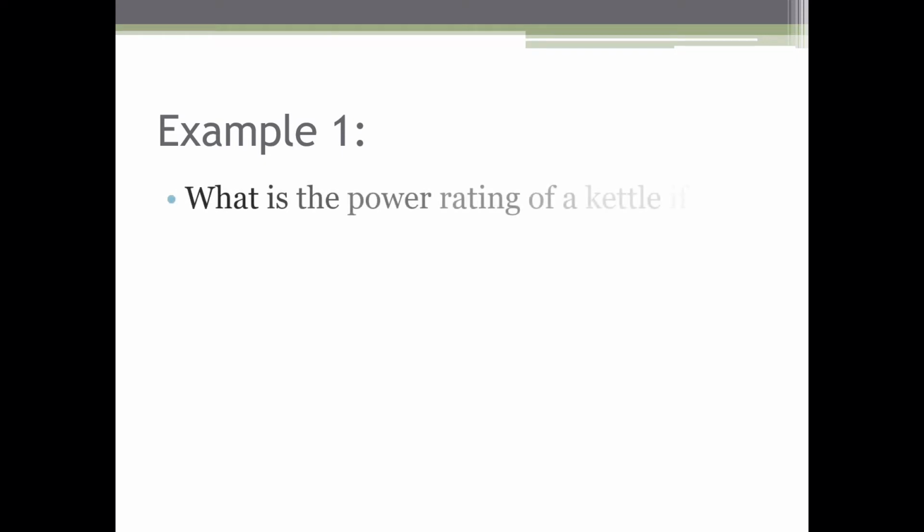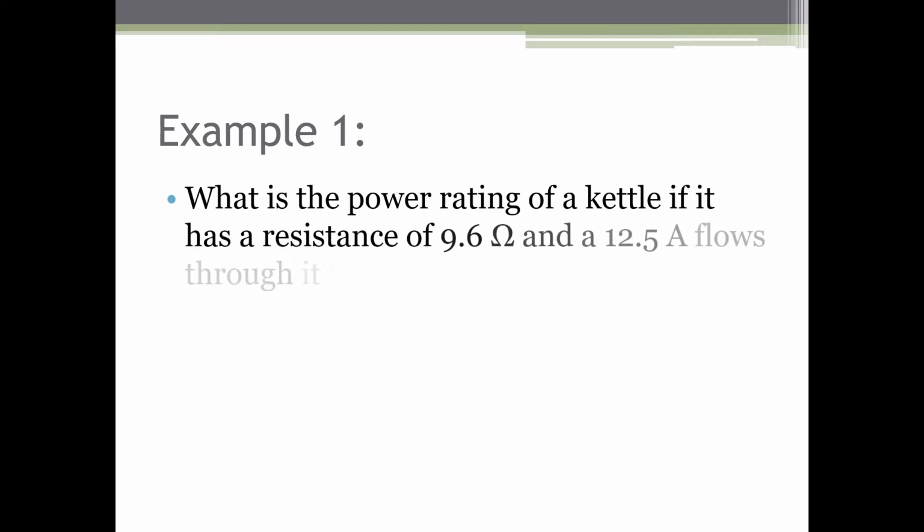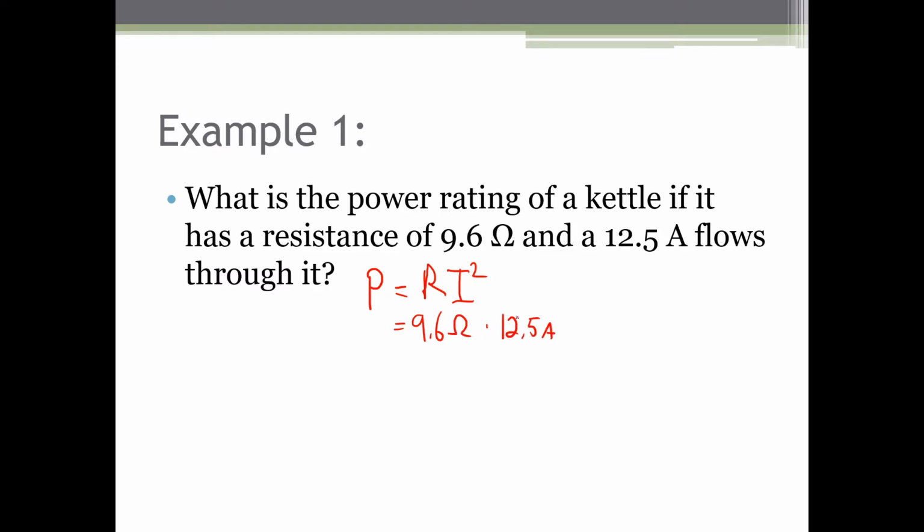For example, we're asked to calculate the power rating of a kettle if it has a resistance of 9.6 ohms and 12.5 amps of current flows through it. Our equation is power equals resistance times the current squared. Our resistance is 9.6 ohms, and the current of 12.5 amps will be squared.